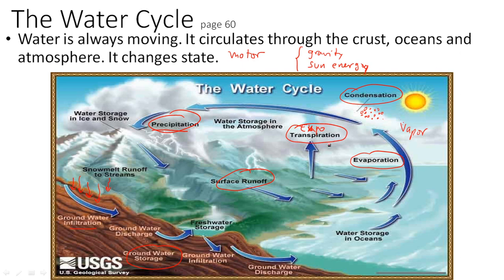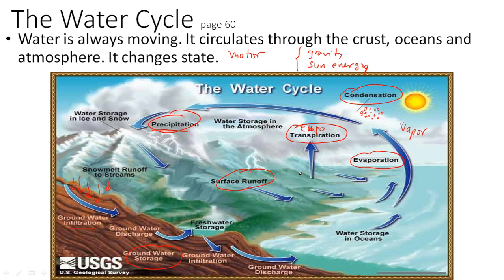Evapotranspiration. Living things lose water by forced evaporation, by sweat, by breathing. Plants also can exchange gases with the atmosphere. All of this process releases water from the living things to the atmosphere as a vapor, as a gas.